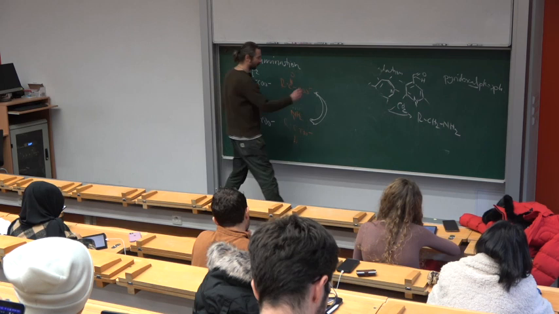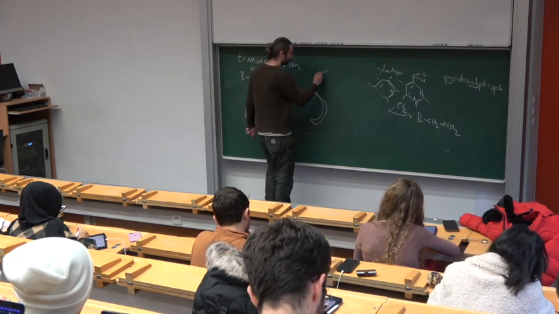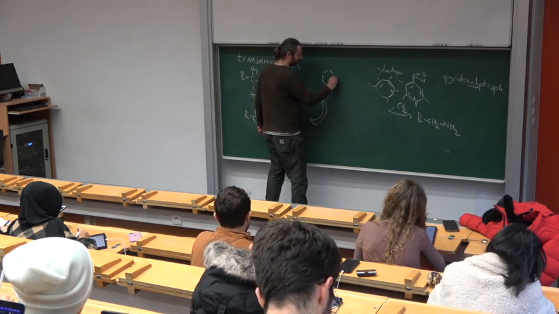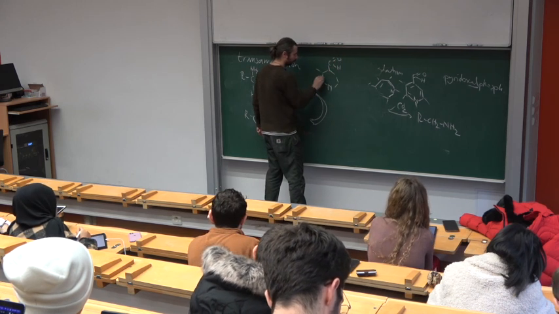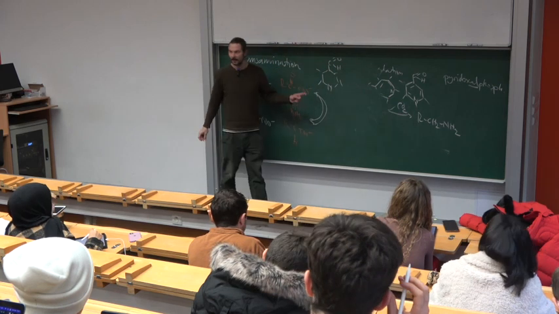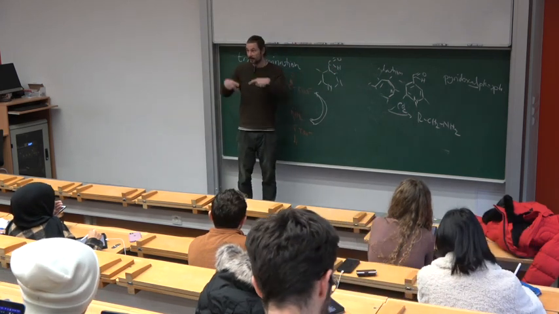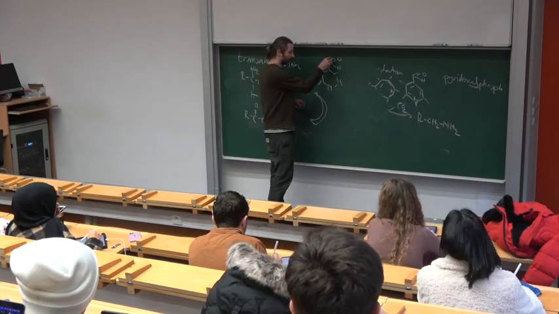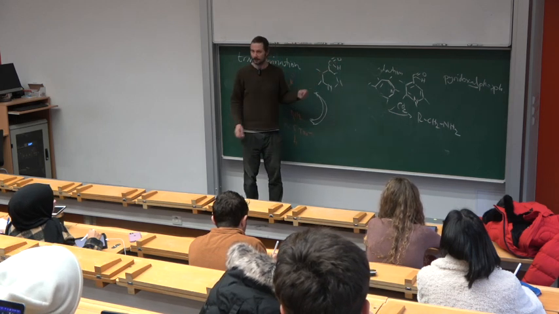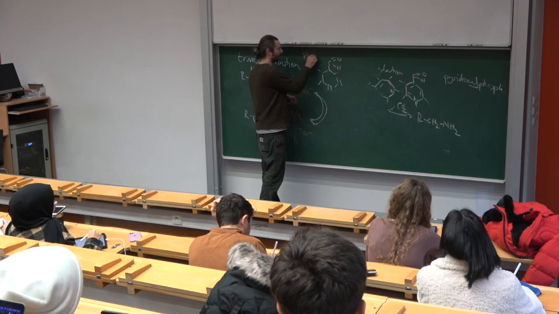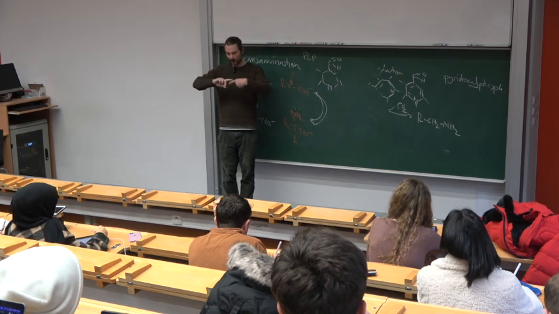So first the amino acid comes into the enzyme and forms a Schiff base with this aldehyde on pyridoxal phosphate. Okay? PLP, pyridoxal phosphate. Yeah, it forms the Schiff base.